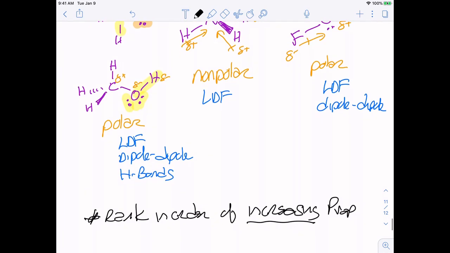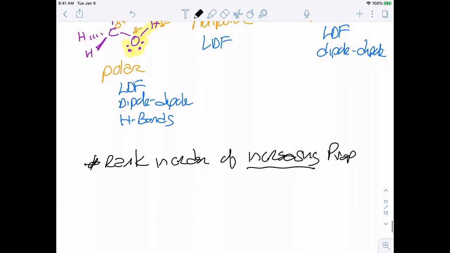So remember, this is the one where the weaker the connections, the higher the vapor pressure. So I'm going to put the stronger connections first. So CH3OH, which is methanol, is going to have the lower vapor pressure. My OF2 is going to be next, and then ammonium ions are going to have the highest vapor pressure.